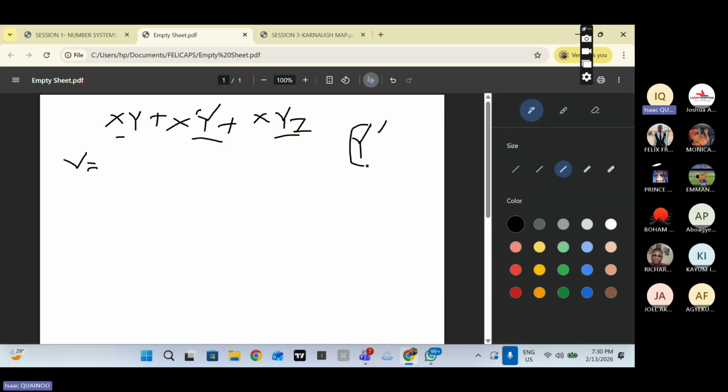So the actual variable here is y, not y bar. This expression has three main variables: x, y, and z.